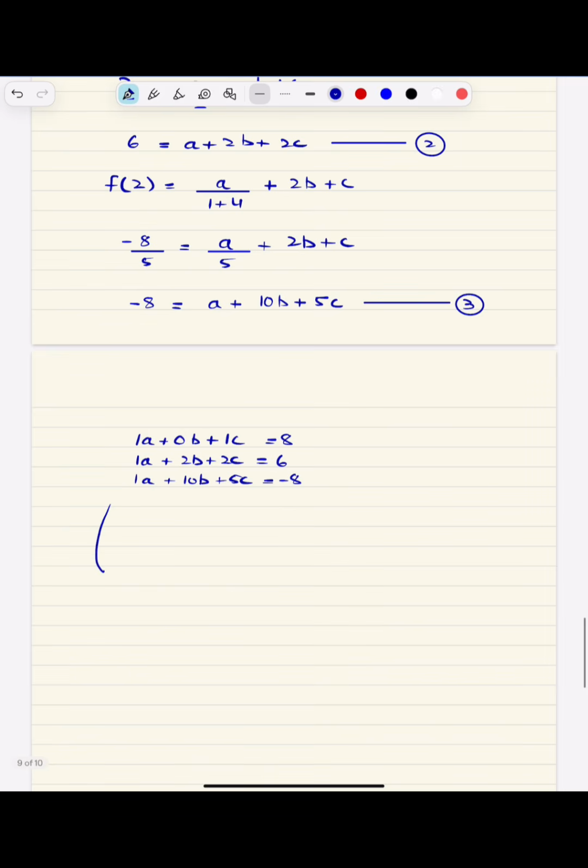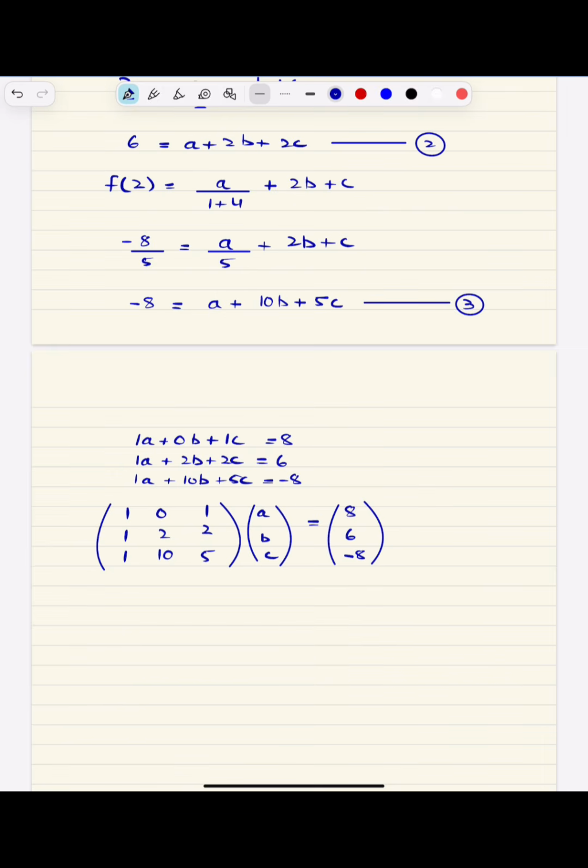So when we put this in matrix form, I'll have 1, 1, 1, 0, 2, 10, 1, 2, 5. My unknowns are a, b, c. My constraints are 8, 6, minus 8.